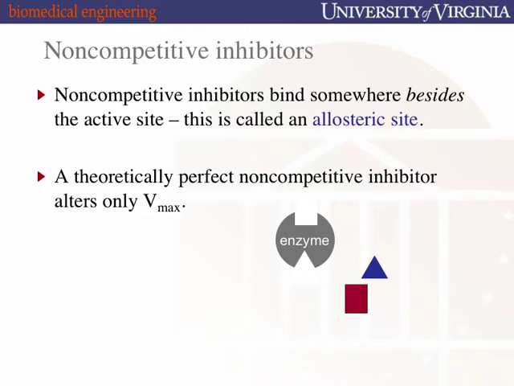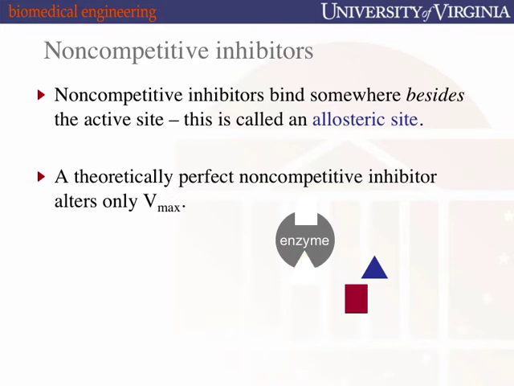Allostery, or the allosteric site, refers to a process known as allostery. Allostery is action from a distance. It's the easiest way to remember it. Action from a distance. So I'm a relatively large protein, and I can have something bind a distant site and affect the enzyme's ability to convert substrate into product.